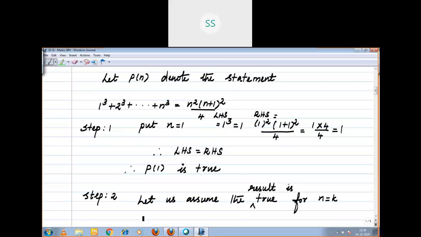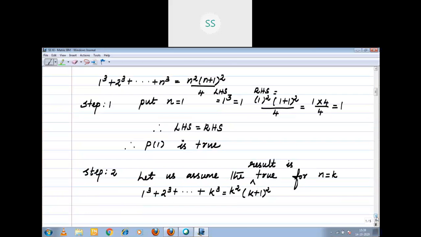So P of k, that is 1 cube plus 2 cube plus etc. plus k cube equal to k square into k plus 1 the whole square, the whole thing divided by 4.